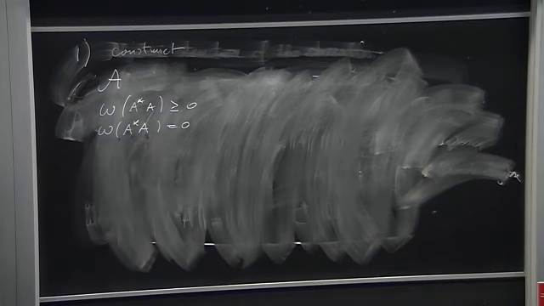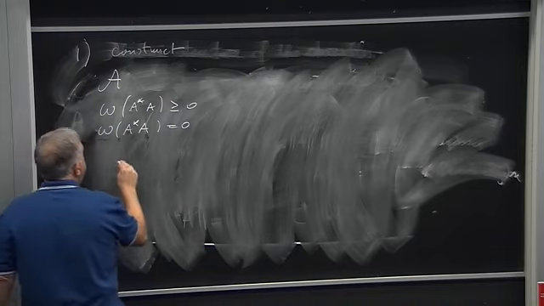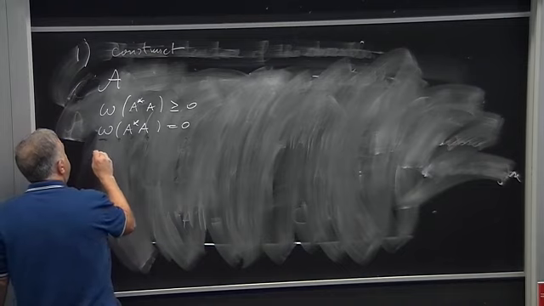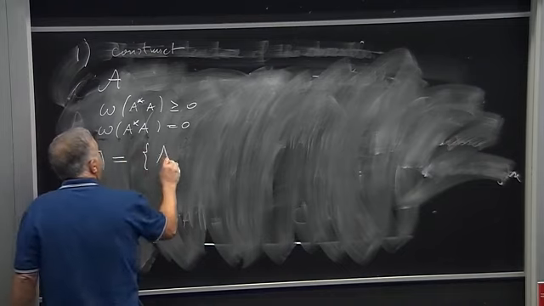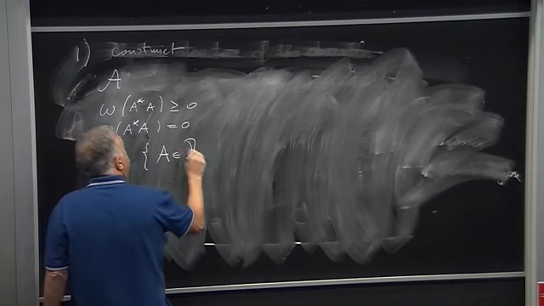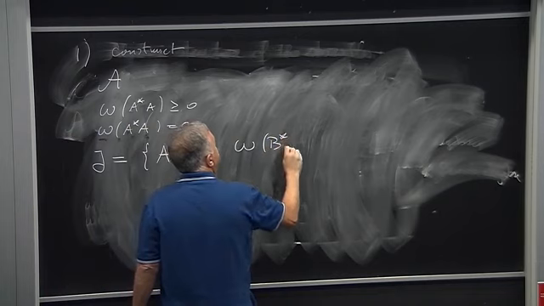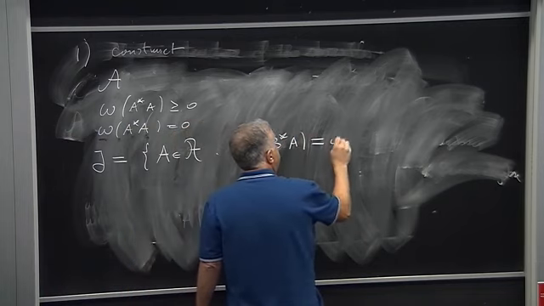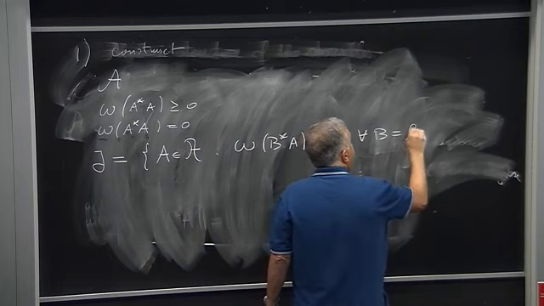In principle, there is such a subspace. This is indeed J, the elements of the algebra such that omega of B star A is 0 for every B in the algebra.